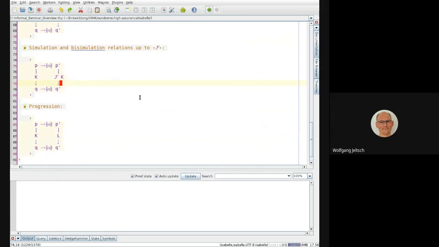So each is included in the other, and then we get reflexivity and transitivity. Of course, we could have split this up and handled these two cases with the inclusion of one and the other separately. In one case, we get reflexivity, in the other, transitivity. And when we combine them, saying both transition relations are the same, we get both and get an equivalence relation. This would have been possible.